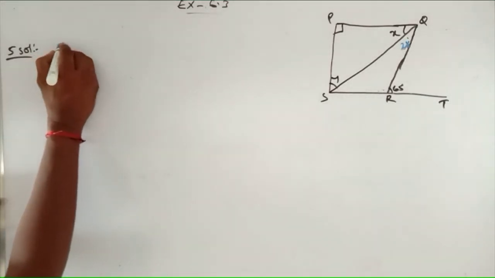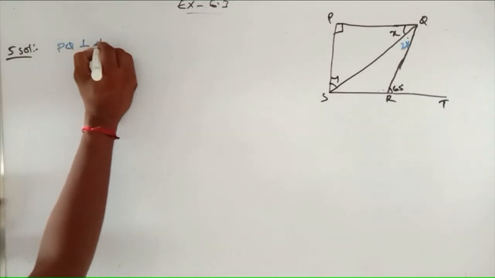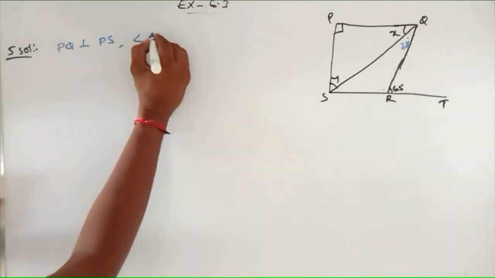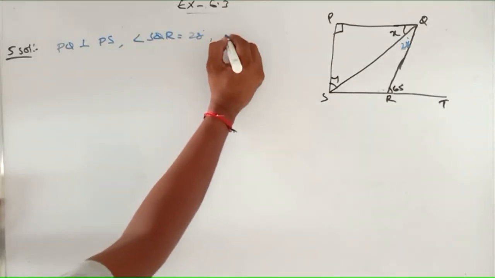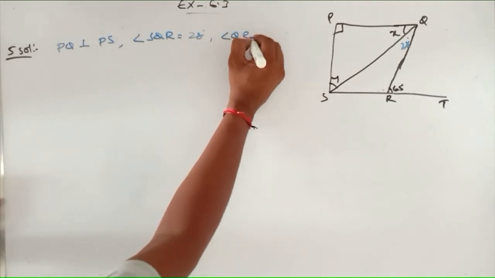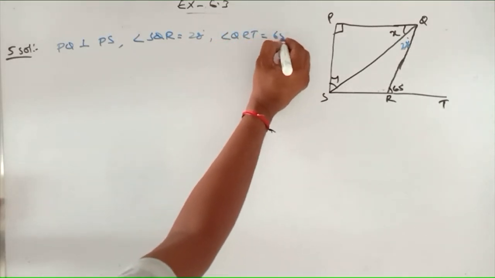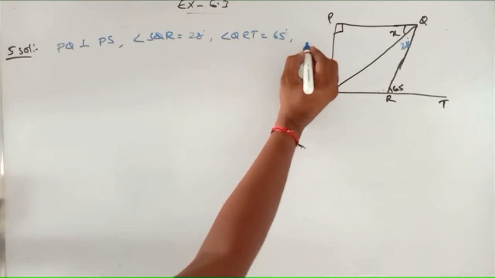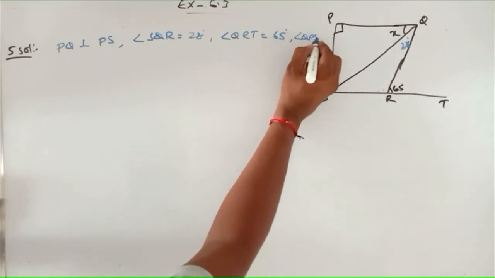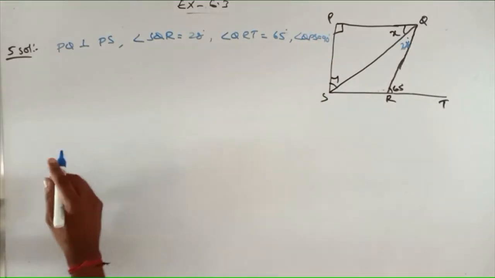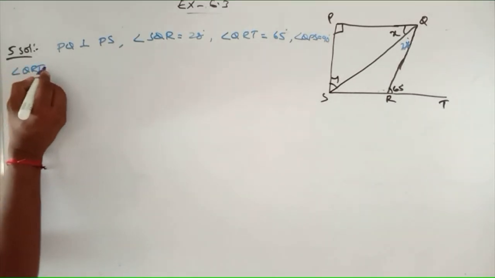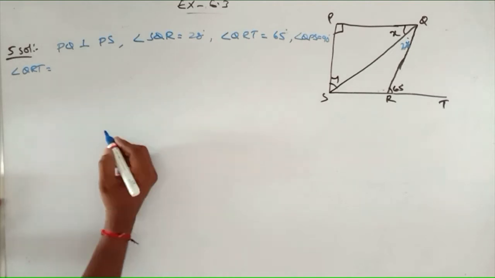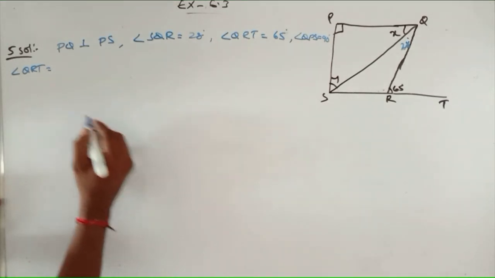So here clearly given PQ is perpendicular to PS, angle SRQ is equal to 28 degrees, angle QRT is equal to 65 degrees, angle QPS is equal to 90 degrees because it's a perpendicular line. Now here angle QRT is the exterior angle.